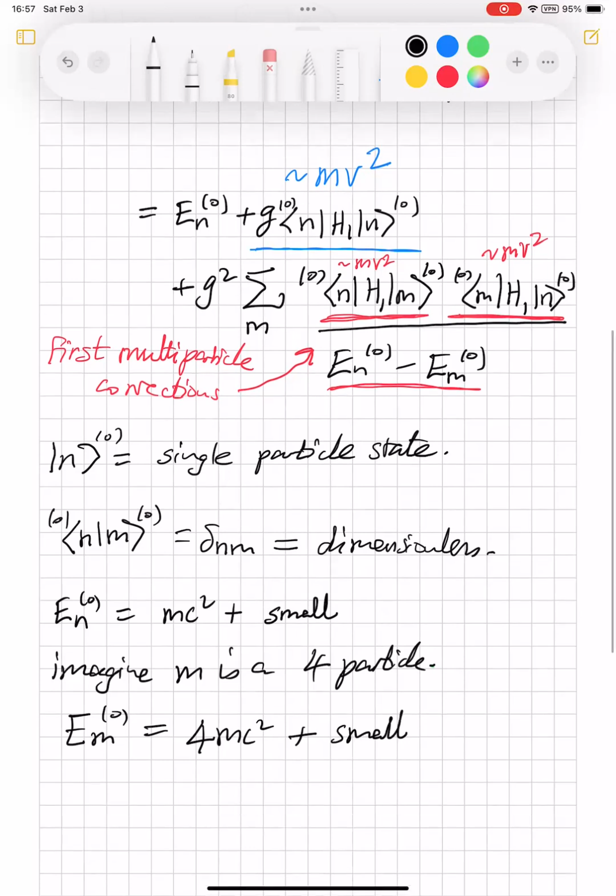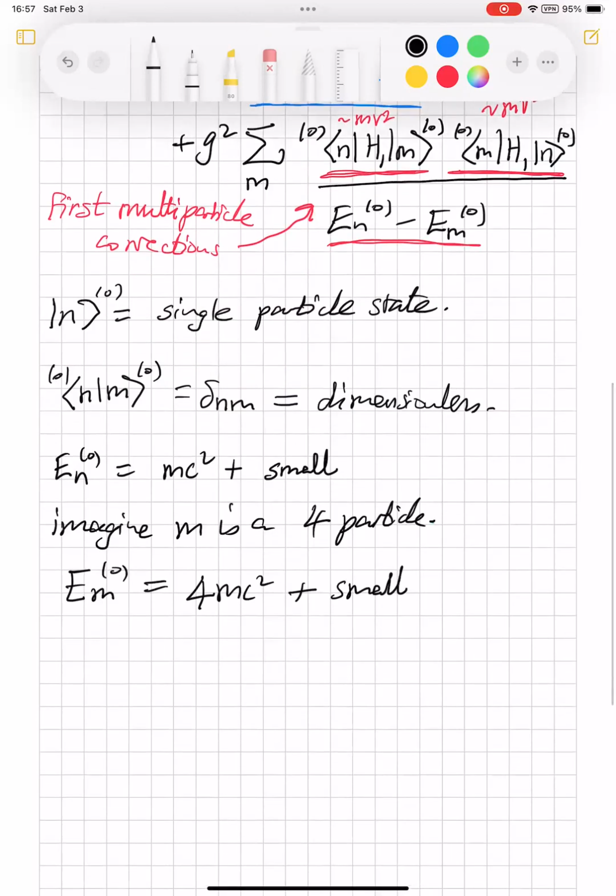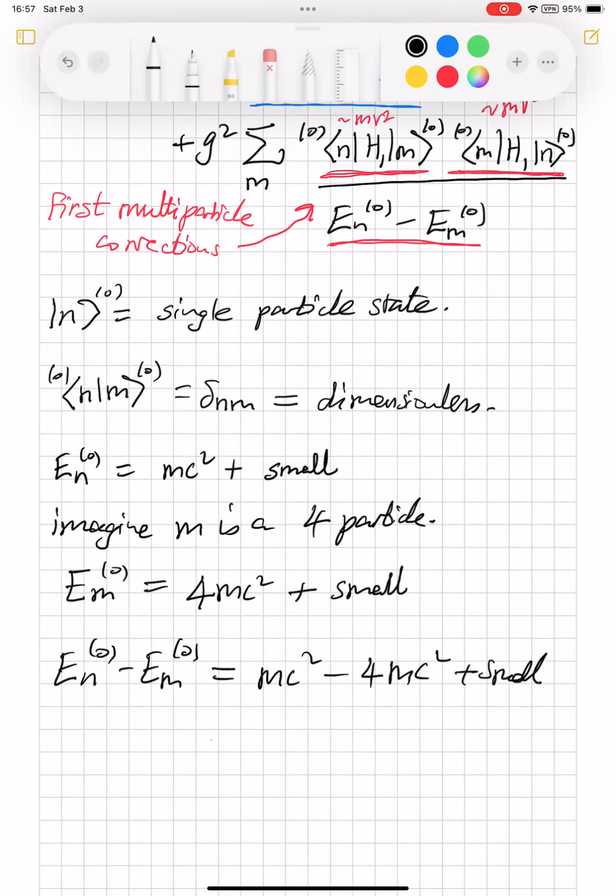And that means that if I work out what is En0 minus Em0, this difference really is dominated by the energy stored in the masses of the particles. So for this case, we'd get 3mc squared plus some small corrections.